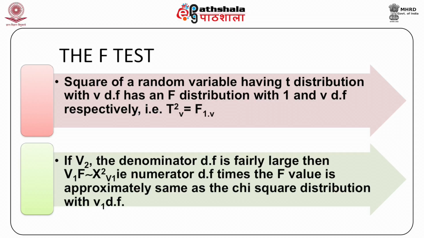If V2, the denominator's degrees of freedom, is fairly large, then V1 F is approximately a chi-squared with degrees of freedom V1. That is, the numerator degrees of freedom times the F value is approximately the same as the chi-square distribution with degrees of freedom V1.